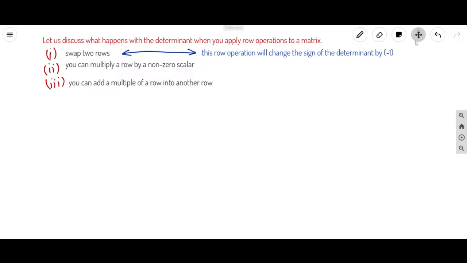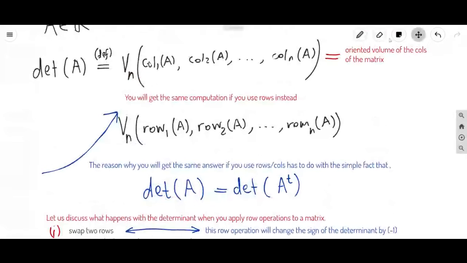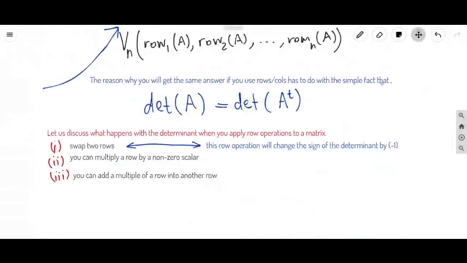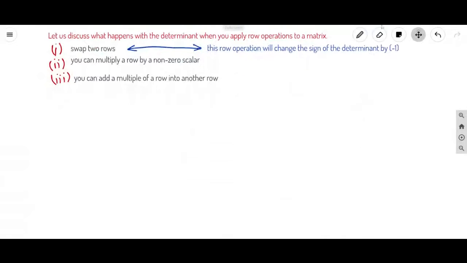That's what we were saying earlier: whatever you do with the rows, it also works for the columns. The reason why I'm suddenly talking about rows is because we're used to doing row reduction, not column reduction. You could technically do something called column reduction, but the way we learned it is by doing row reduction, so we'll just stick to doing it that way. If you swap two rows, you get a different matrix, and the matrix that you get will have a change in the sign of -1.